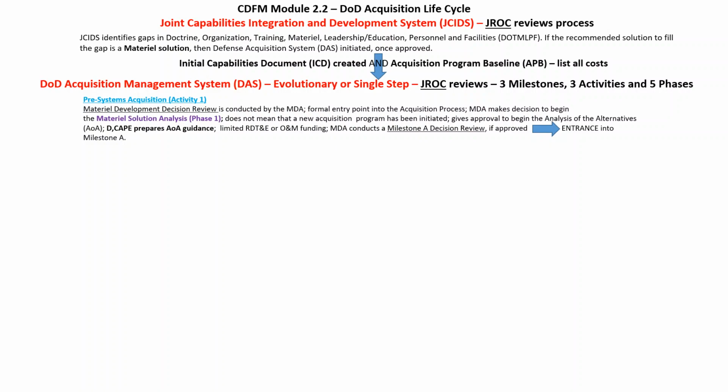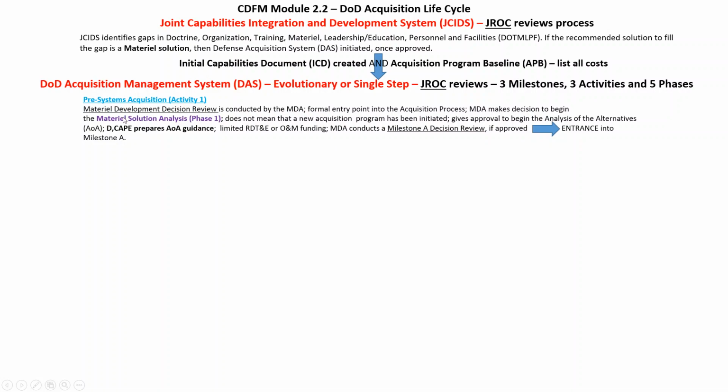So if it's a DoD level requirement, it's an acquisition category 1D. The D behind it tells you it's a DoD level. Formal entry into the acquisition process is a successful review from this material decision review by the milestone decision authority.